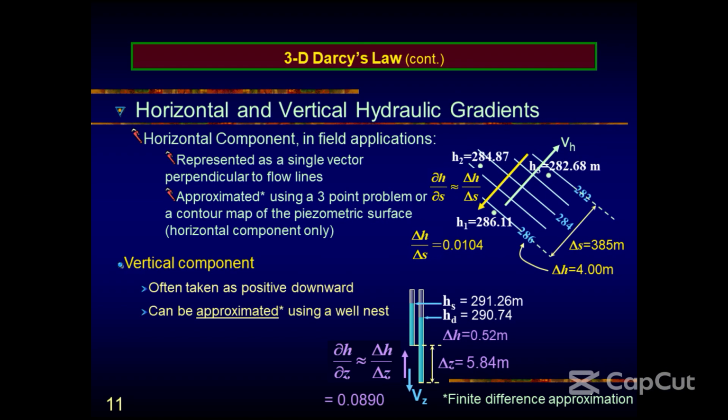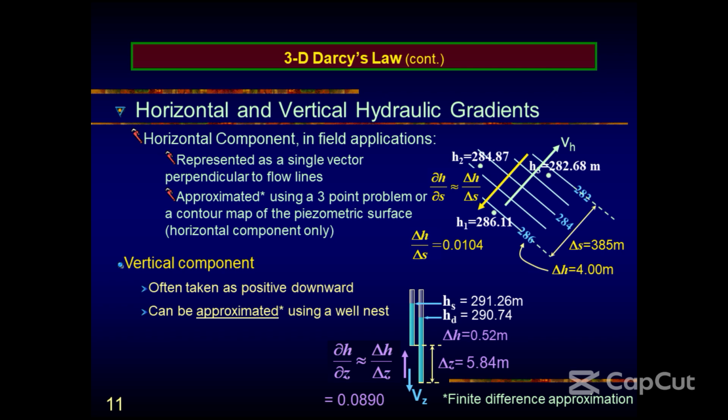Today we will briefly look at how we determine the hydraulic conductivity, okay? No, hydraulic gradient, not conductivity, hydraulic gradient. In this case, we will take something called the three-point problem.